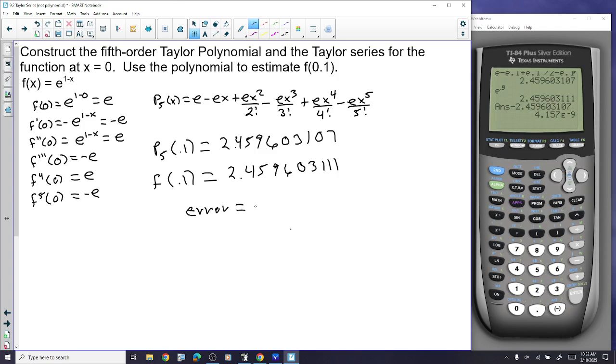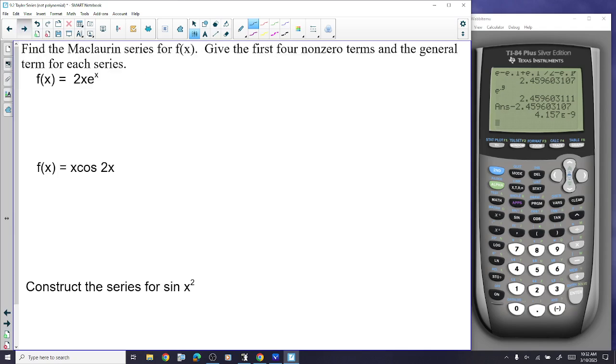Error is equal to 4.157 times 10 to the negative 9. Pretty accurate. And when you do this on a test or a quiz, it's a pretty good indication that I probably did this right if I'm getting an accuracy of 9 decimal places.